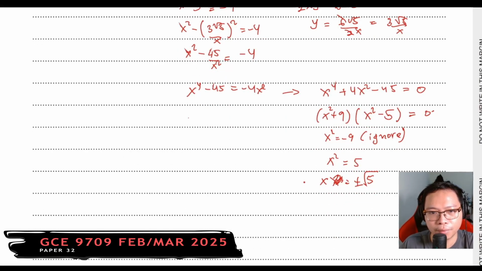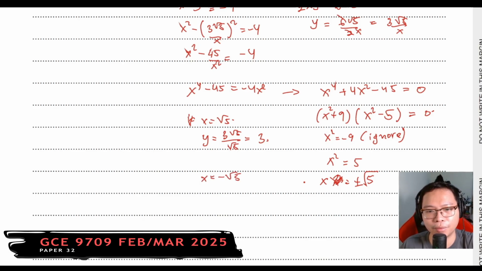So if x equals square root of 5, then y would be 3 square root of 5 divided by square root of 5, which is 3. And if x equals negative square root of 5, then y would be 3 square root of 5 over negative square root of 5, which is negative 3.